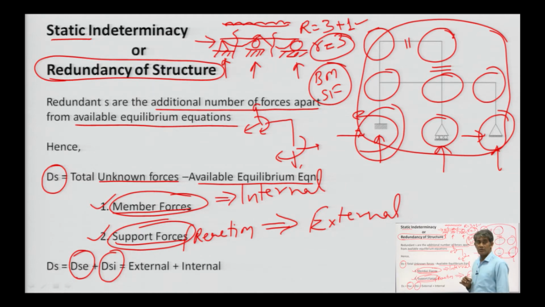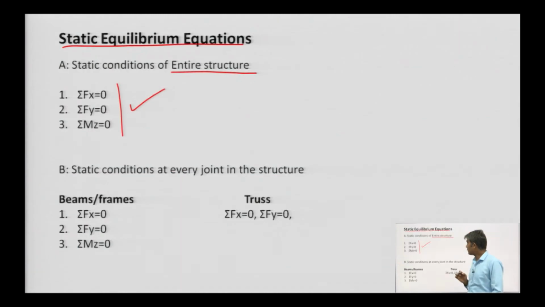Therefore, the total equilibrium equations available in this case will be how much? 3 times the number of joints.